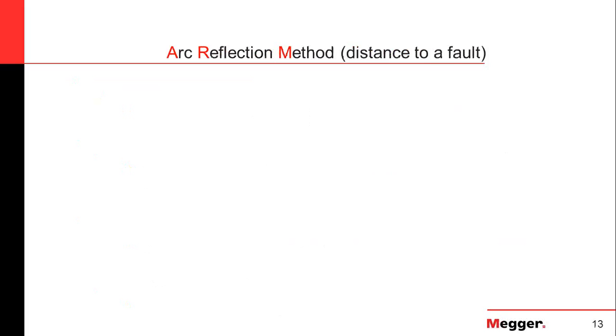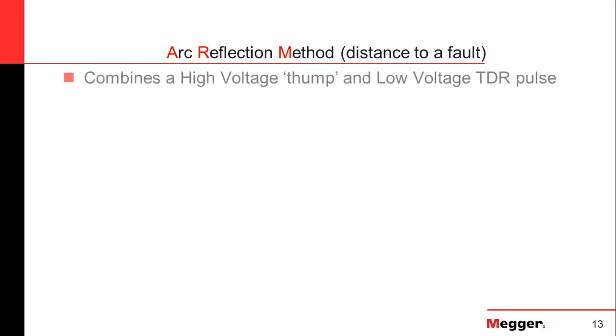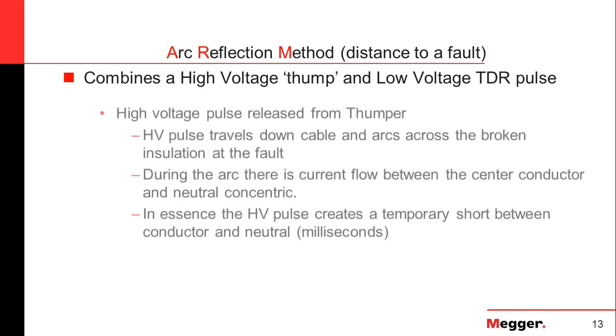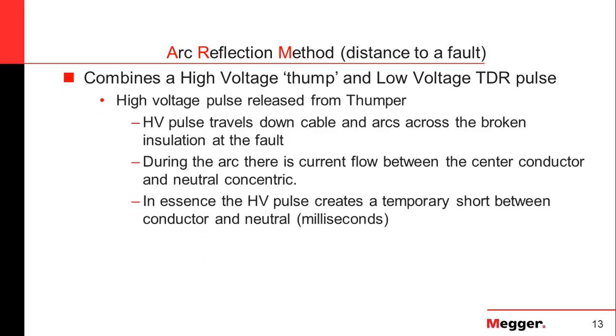Okay, let's move on to arc reflection, or distance to a fault. This is the most common method in the United States for prelocating distance to a fault on a medium voltage primary cable. And what we do here is we combine a high voltage thump with a low voltage TDR pulse. What the high voltage thump does is this high voltage pulse travels down the cable, and when it reaches the broken insulation, it arcs across at the fault.